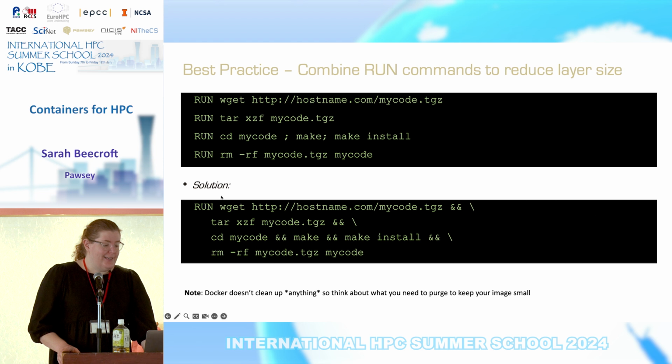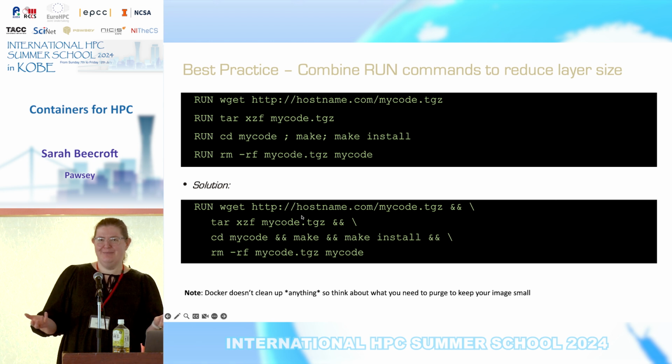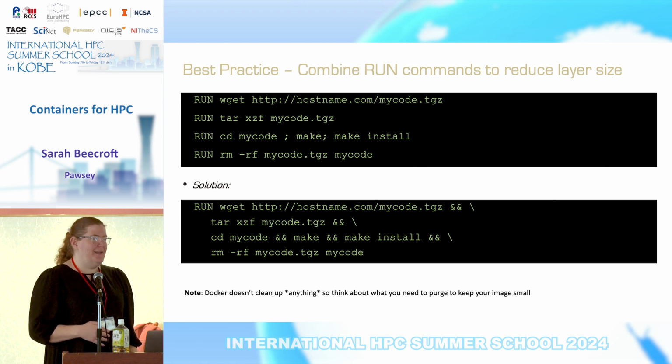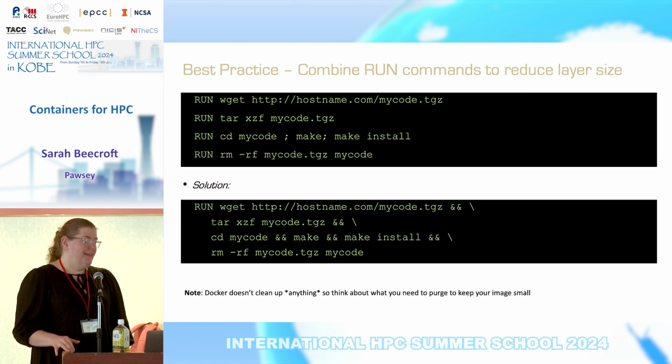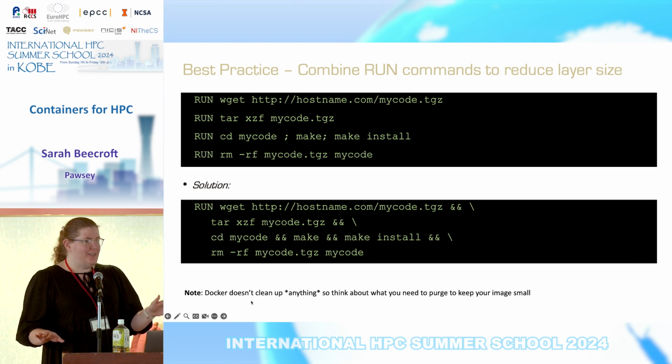However, you can actually put all of this into one run command with just some ampersands, and the difference in size would be really significant, which feels silly in some ways. Why would it make such a big difference? There are articles online explaining the guts of why it is like that. But in general, Docker doesn't clean up anything, so you really need to work at keeping your images small, just to make your own life easier.